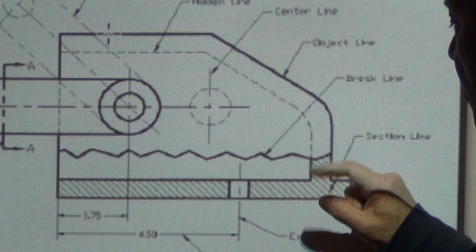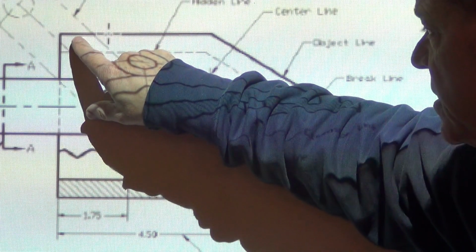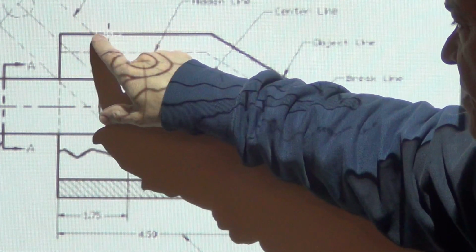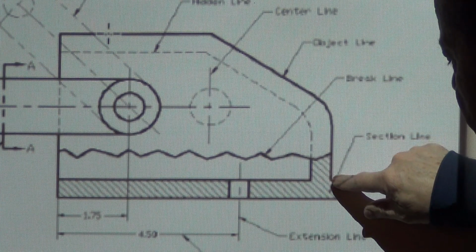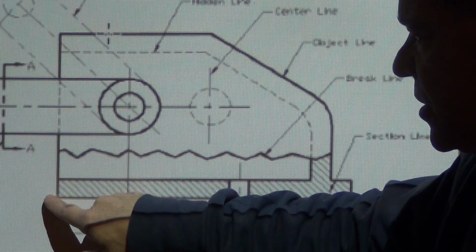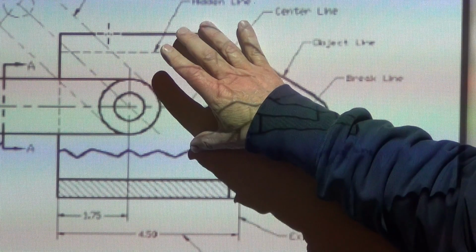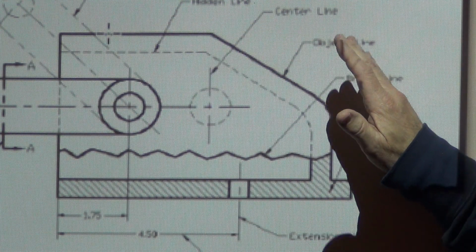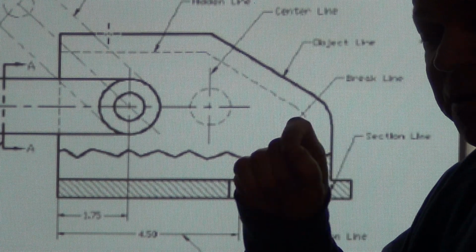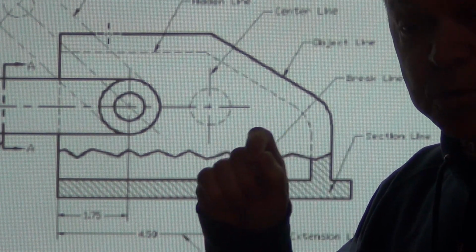So the primary thing is to know that the visible lines, and we'll talk about this in a minute again, the lines that are the visible edges of the drawing, anywhere that you have visible edges of the object, those should be significantly darker, bolder lines.